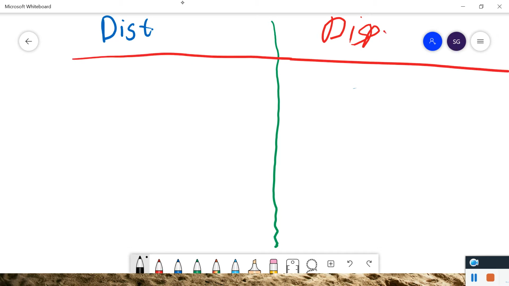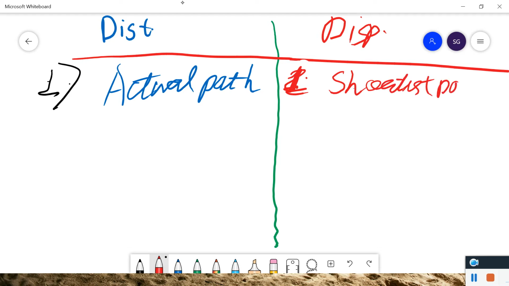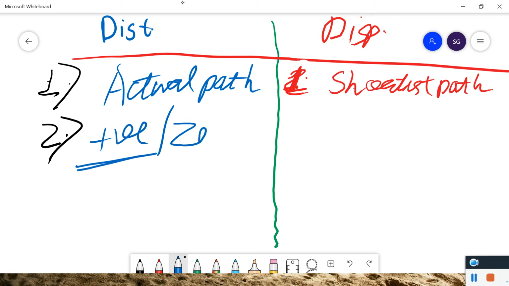First difference: distance is the actual path covered, while displacement is the shortest path. Distance can be always positive or zero.